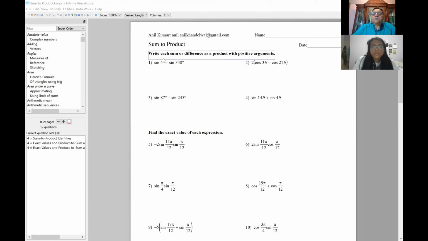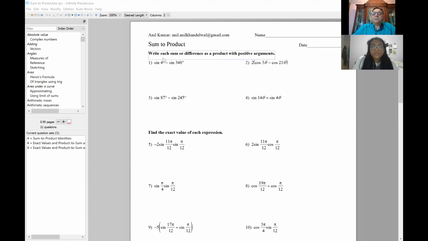So if I have to get 4 and 348, what should my two angles be? I'll give you an easy way later, but first, A plus B is equal to 348 and A minus B is equal to 4. If you add them up, you get 2A equals 352, right?